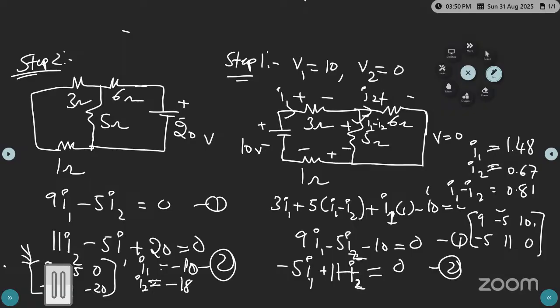If you enter this one, it is getting the same value. I1 minus I2. Add both currents. Is this correct? Enter it, is it the same? You enter this one: 9, minus 5, 0, minus 5, 11, minus 20.